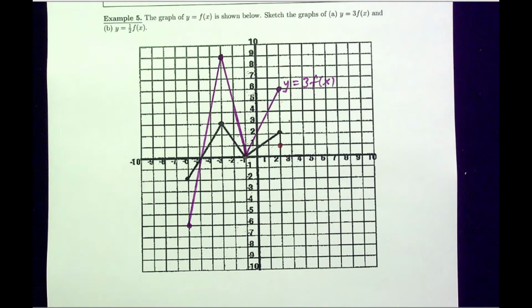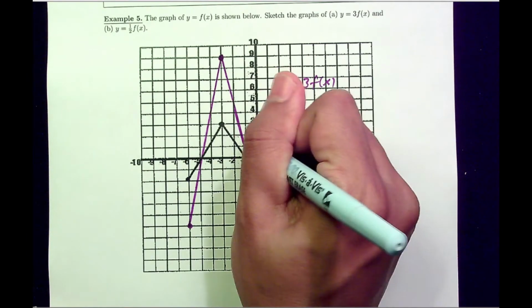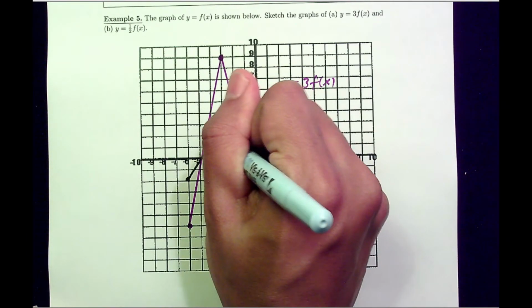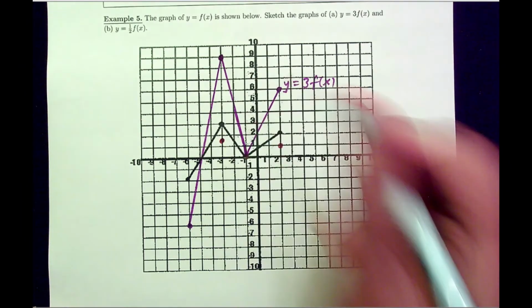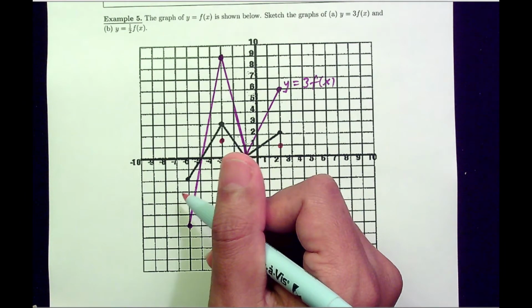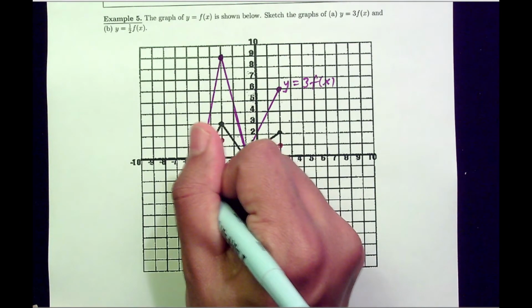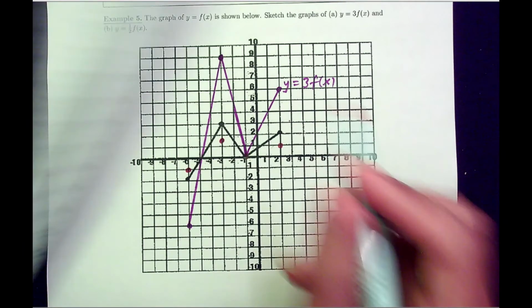So that's going to be right here, 1.5. And then multiplying the y coordinate of this one, which is negative 2, by a half is negative 1. So right there. And now we just connect these dots.